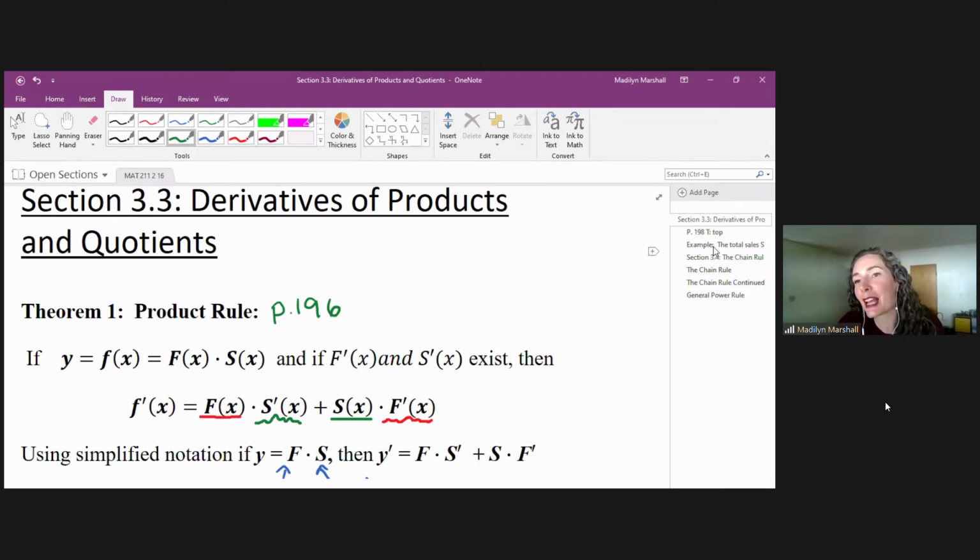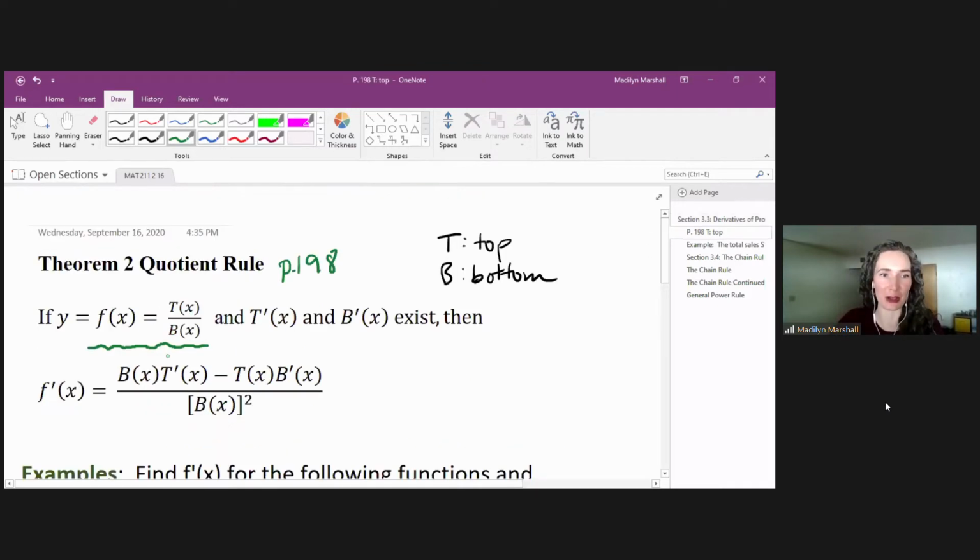The same is not true for the quotient rule, since this is all dividing and subtracting. It's really important to get every single part exactly right. We can't move anything around here. So the quotient rule is the bottom times the derivative of the top minus the top times the derivative of the bottom, all over the bottom squared.